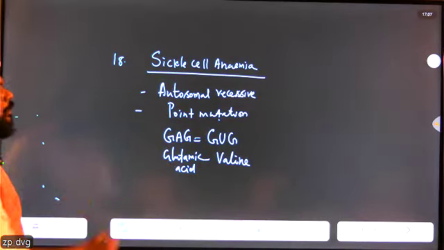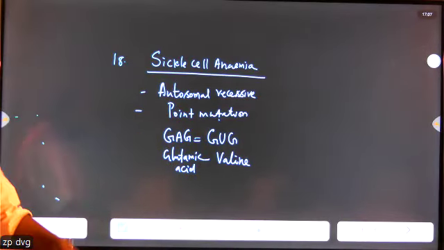That's it. Because of this, sickle cell anemia happens. So when you read the options, hope you remember in which position it happens, in the 6th position. Of which chain? Beta globin chain.